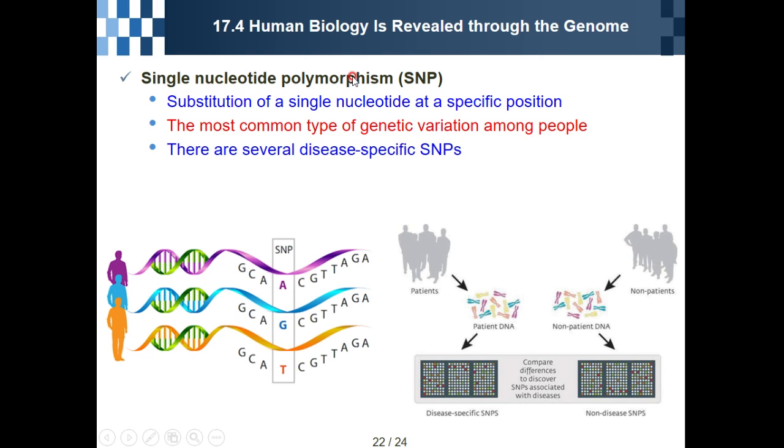Single nucleotide polymorphism means substitution of a single nucleotide at a specific position. So one person has A in a specific position, one person has G, and another person has T.